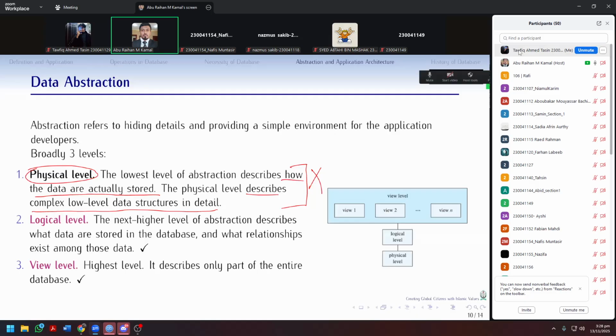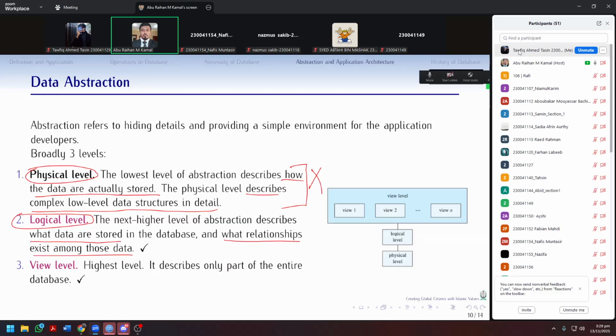Then on the top of this, we have another layer, that's the logical level. The logical level is the description of data. What data we want to store, and how they are connected. Basically, we need what data to store and what is the relationship among these data parts.